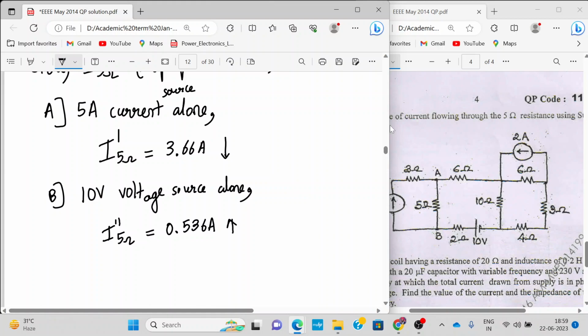The current direction changes over here. And third case, the 2 ampere current source alone.